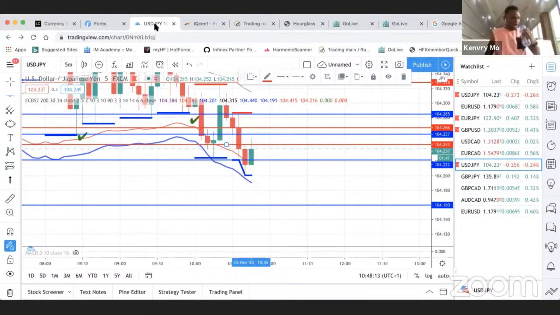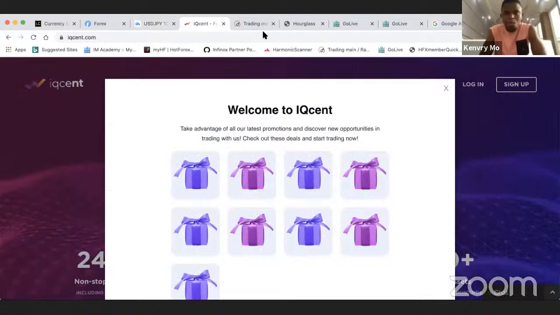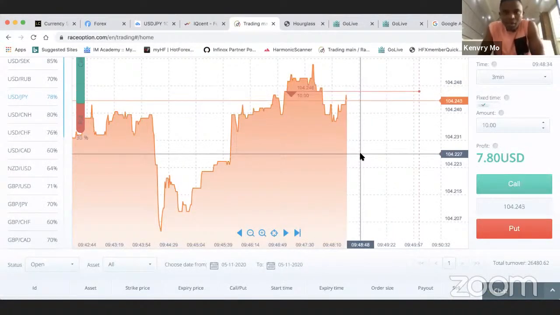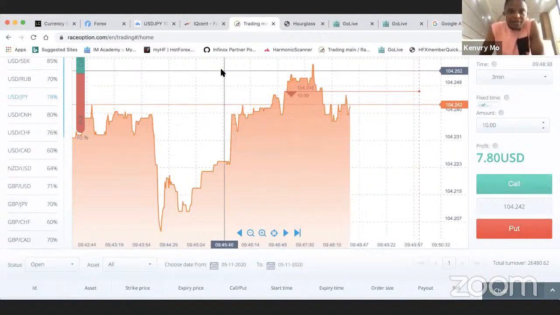How many of you are on? We have about 1 minute, 35 seconds to the new candle.